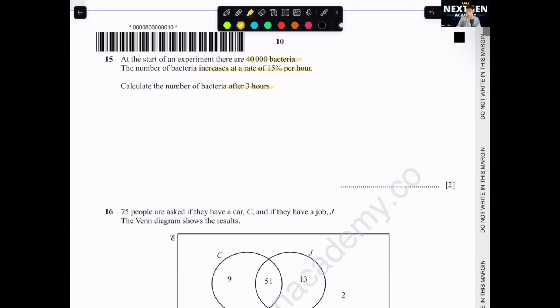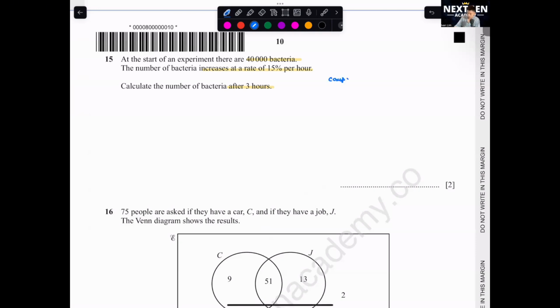Number one, we have to understand how it is increasing. Increases 15% per hour. Amira says compound. Yep, it's compoundingly increasing, right? It's a continuous compound increase, or we can say exponential.